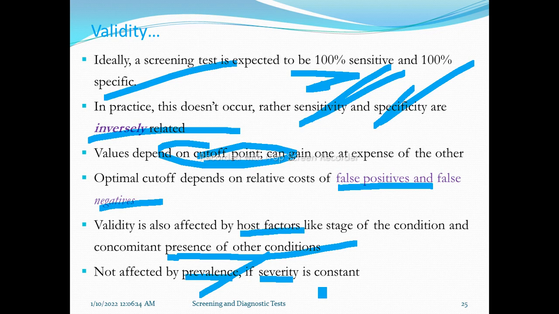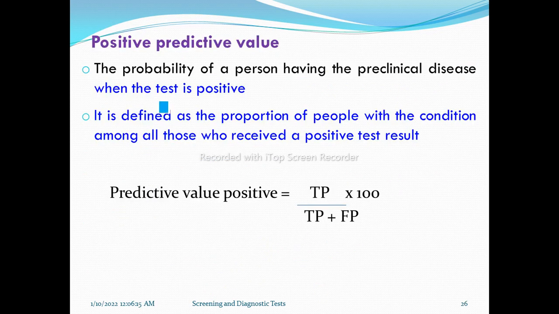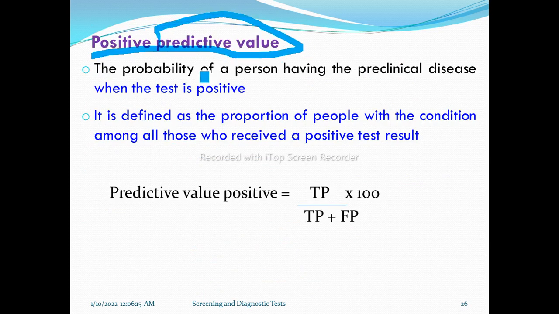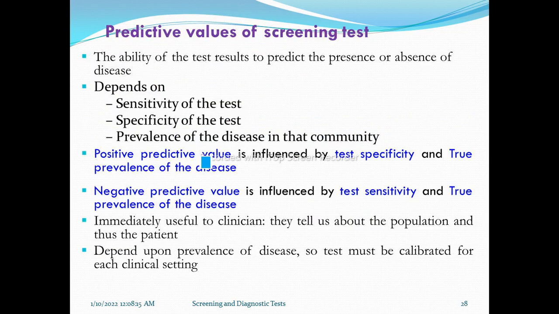Having this concept, now we are shifting to predictive value. Predictive value is divided into two, positive predictive value and negative predictive value. Predictive value means the ability of the test result to predict the presence or absence of disease.